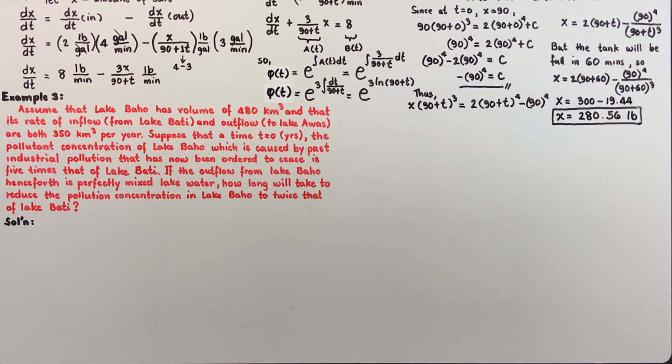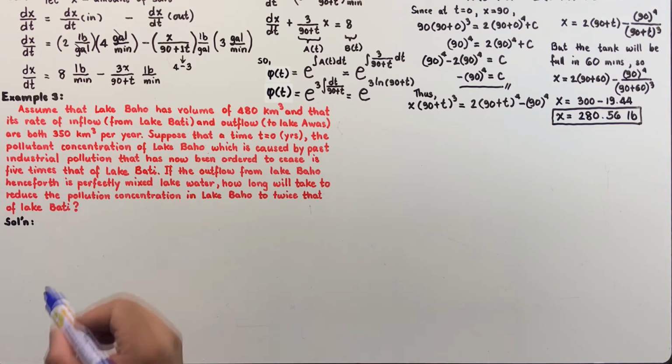Suppose that at time t, which is equal to 0, meaning at the start, the pollutant concentration of Lake Baho, which is caused by past industrial pollution that has now been ordered to cease, is 5 times that of Lake Bati. If the outflow from Lake Baho henceforth is perfectly mixed lake water, how long will it take to reduce the pollution concentration in Lake Baho to twice that of Lake Bati?